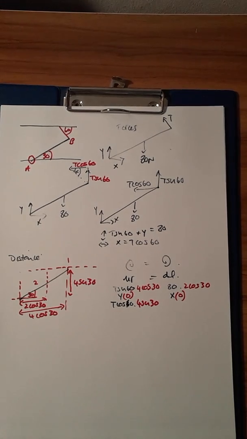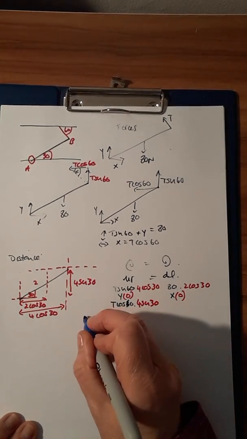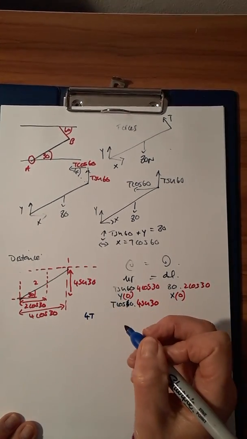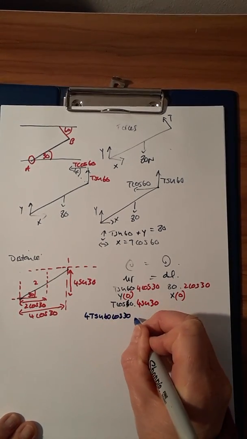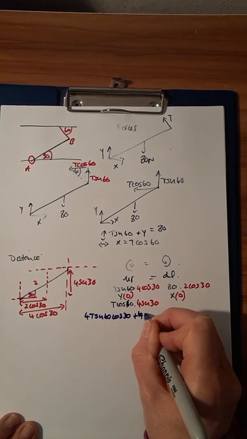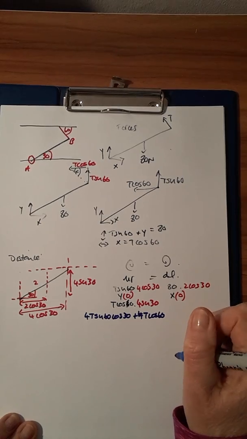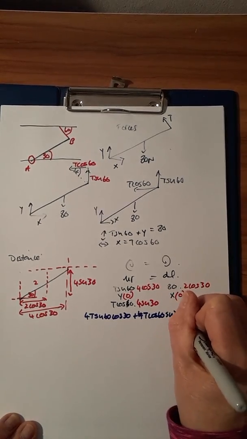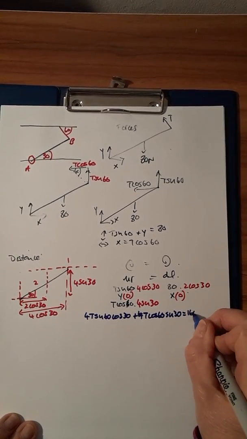So if I write that equation, working this out, this gives me 4T sine 60 cos 30 plus 4T cos 60 sine 30 is equal to 160 cos 30.